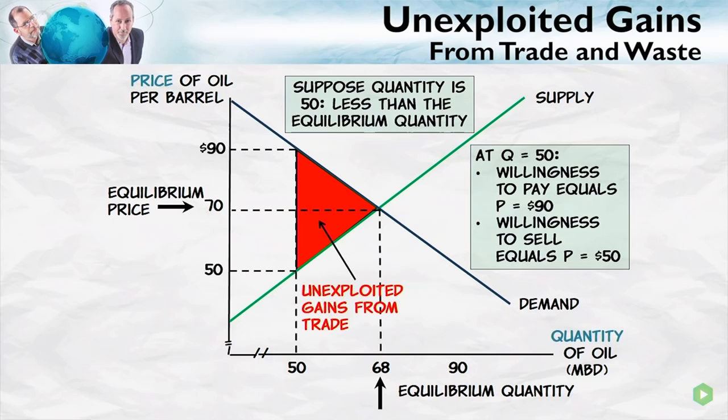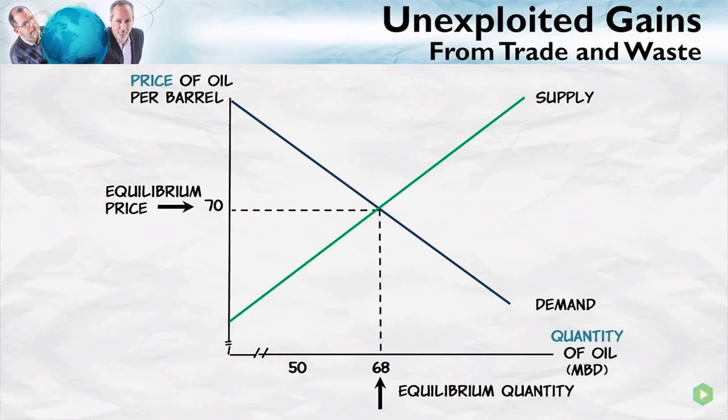They're going to be able to realize that if only they bought and sold a little bit more, both the buyers and the sellers could be better off. So that's why we assume that the quantity bought and sold will be pushed to the equilibrium quantity, because it's only at the equilibrium quantity that all the gains from trade have been exploited.